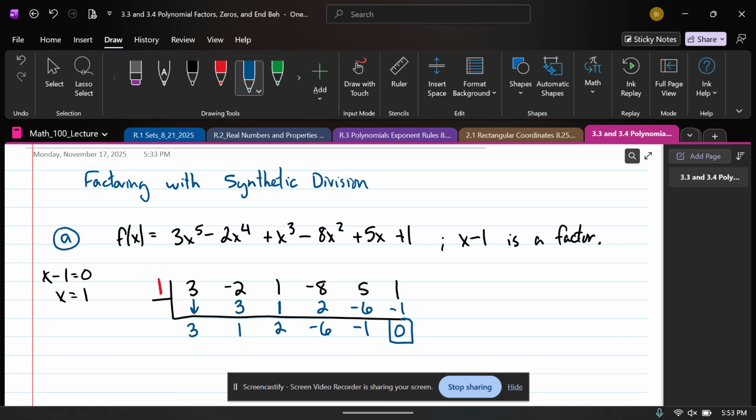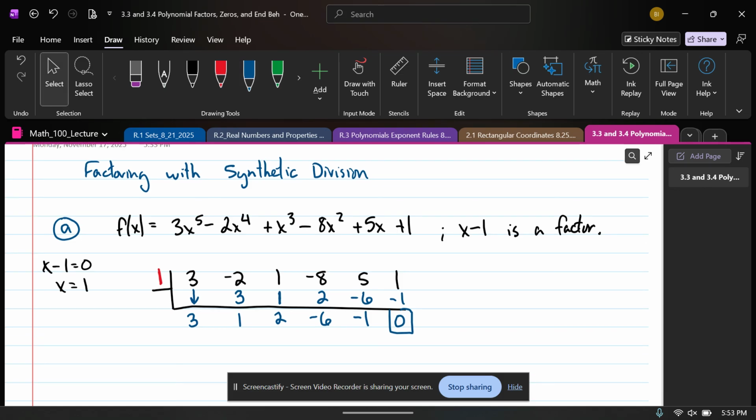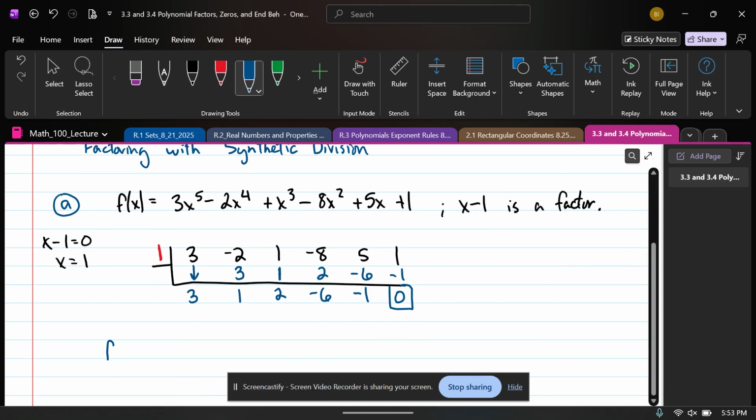Okay. This is what we did last week. We did this synthetic division, and what it does is it takes that polynomial and breaks it apart into that x minus 1 factor, and then this quotient, that 3, 1, 2, -6, -1, becomes the coefficients of the polynomial that's left over.